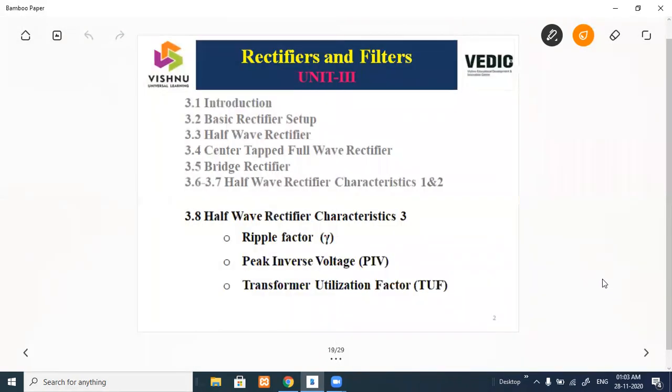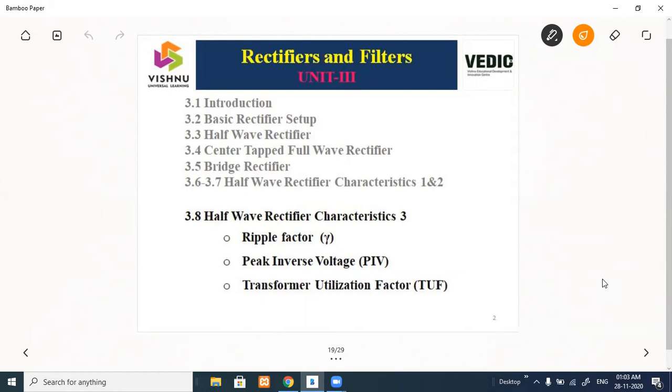In unit number 3, Rectifiers and Filters, we already discussed the introduction to rectifiers, the basic rectifier setup, half-wave rectifier operation and waveforms, center-tapped full-wave rectifier operation and waveforms, bridge rectifier operation and waveforms, and we already derived some characteristics of a rectifier.